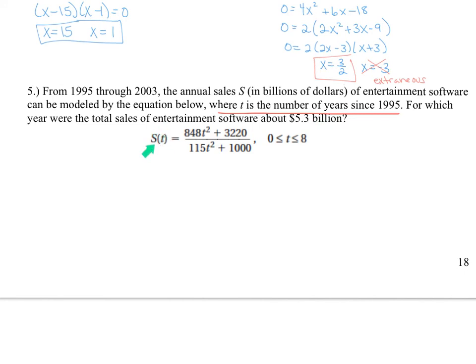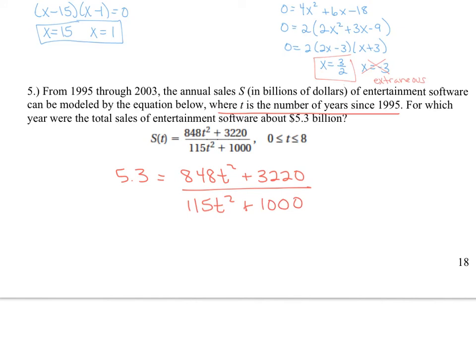So I'm going to plug in 5.3 in for S of T. Now they are telling us that this only applies for times between 0, the initial time in 1995, and 8 years from 1995. So this formula is only good between 1995 and 2003.